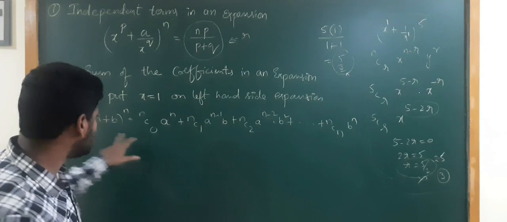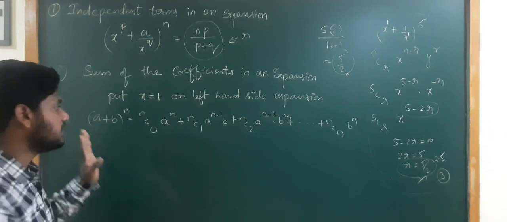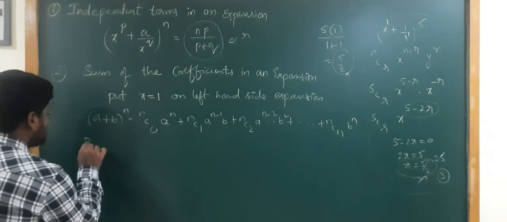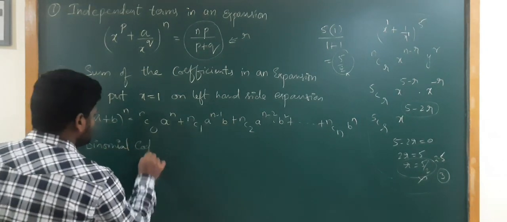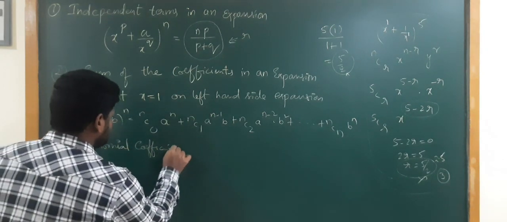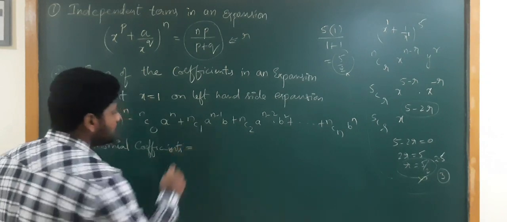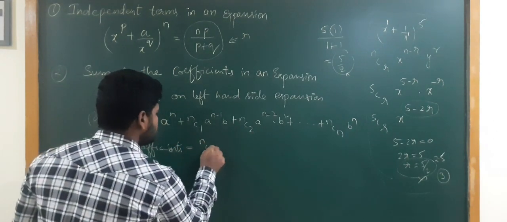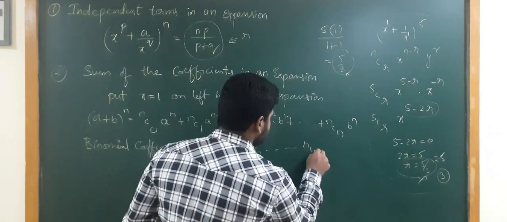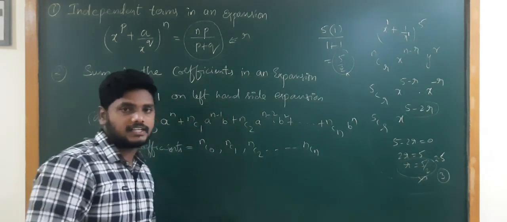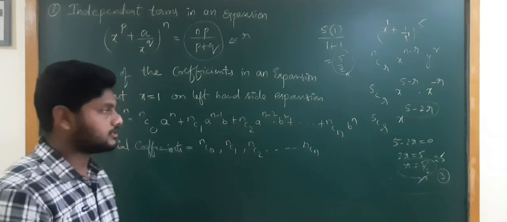This is an expansion of (a + b) whole to the power of n. In this, what we will call binomial coefficients are nothing but nC0, nC1, nC2, so on up to nCn. These we will consider as binomial coefficients.